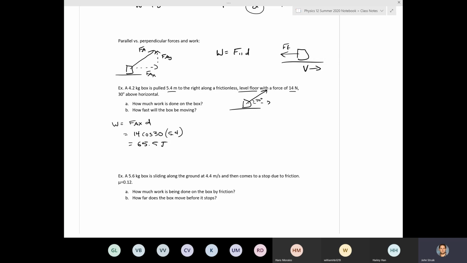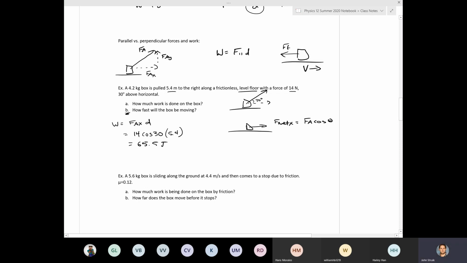Now, how fast will the box be moving? So this is tying into the last thing that we just did where the net work is based off of the net force. If you think about it, the net force being done on this box is technically 14 newtons, 30 degrees above the horizontal, but we don't really care about that. We only care about the net force going in the X direction. So F net X equals FA cos theta.